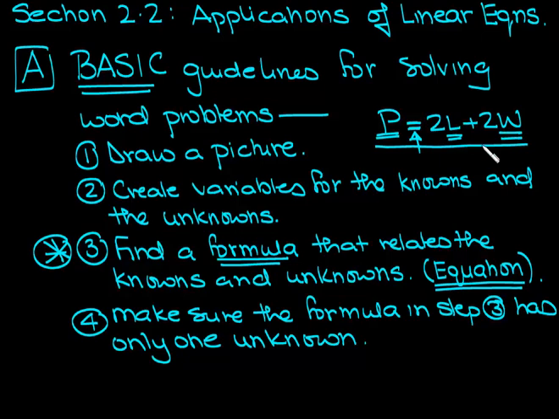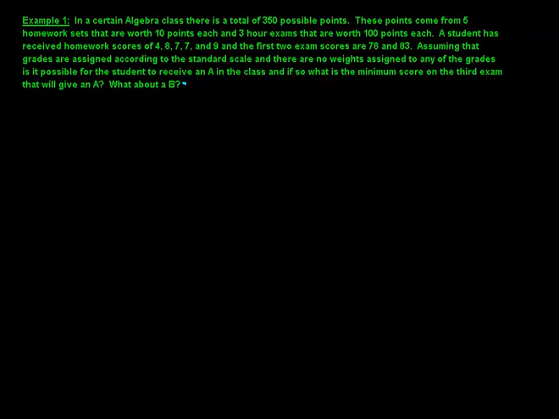So somehow we want to use some of the information that they've provided us in the problem to get rid of at least 2 of these unknowns. So let's say that I replace this with 60. They tell me that the perimeter is 60, and they tell me that the length is the width minus 2. So if I do that, now I have an equation that only has one unknown, the width. Okay, so that's what we want to do in this step, another very important step.